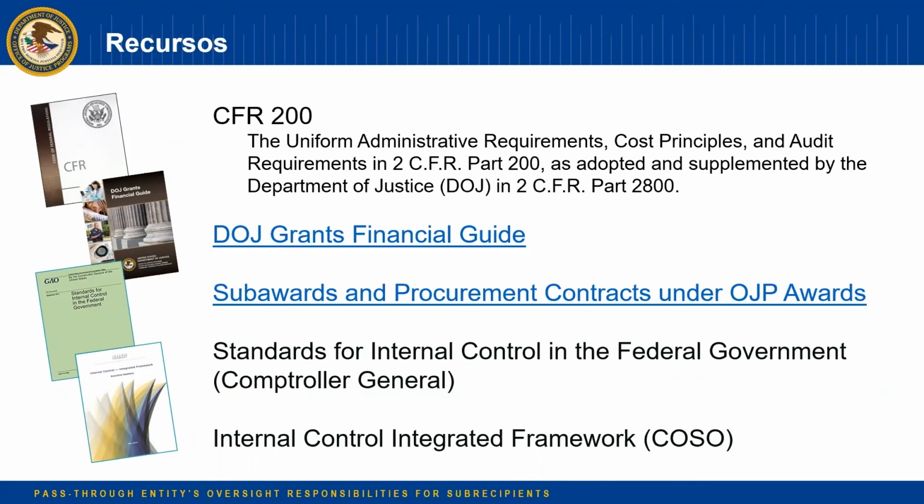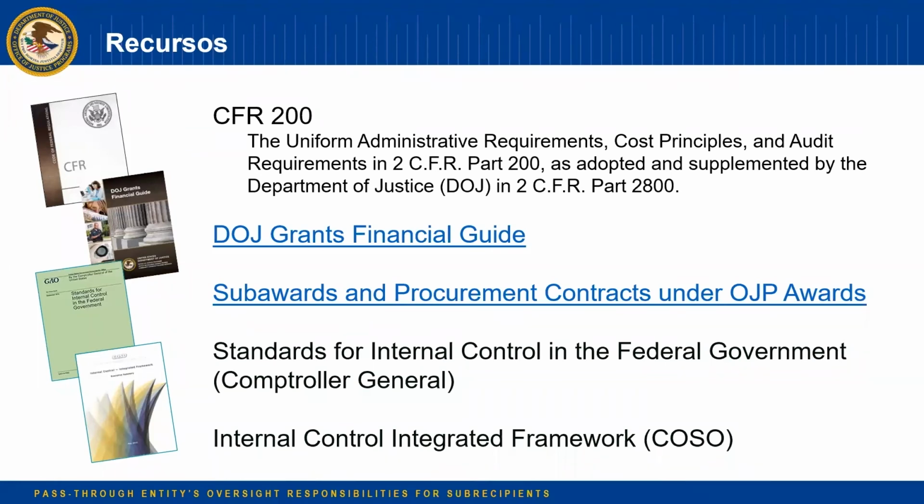We're in the process of updating the DOJ Financial Guide with those updates. And then I always have these 2 documents on here in reference to internal controls, because I'm big on internal controls, making sure that an organization knows what the left hand is doing from the right hand. So internal controls are very important.